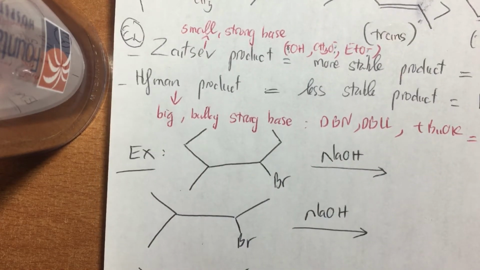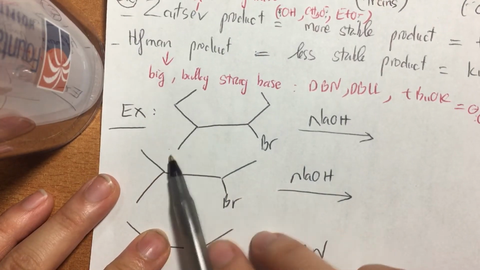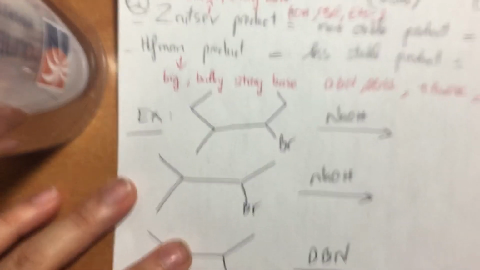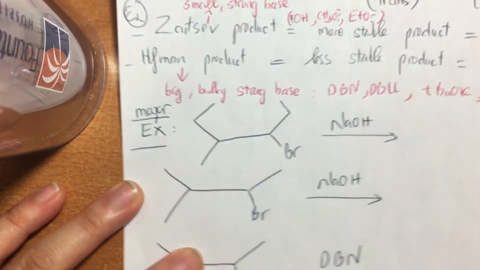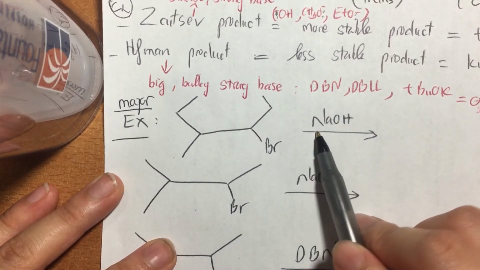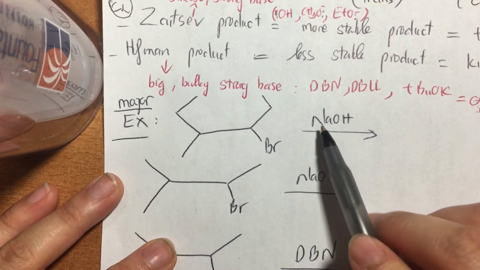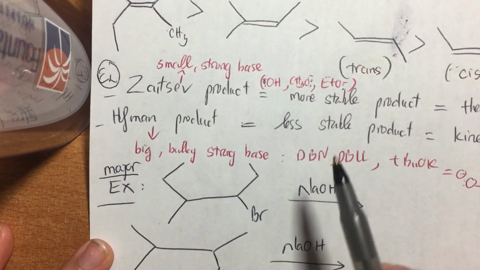So let's go through some examples to understand it better. For example, if I have this reaction and ask you to give me the structure of the major product, first I have to identify if I have a small base or a big base. NaOH is a small base.